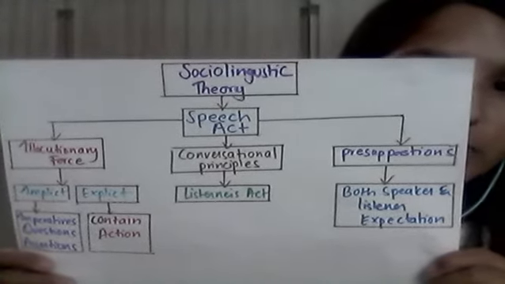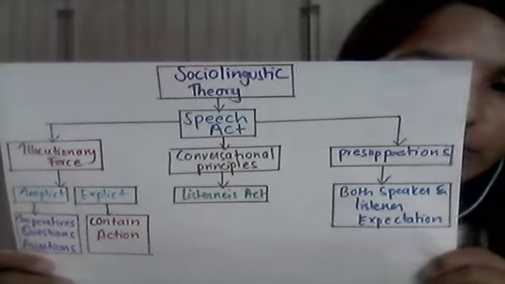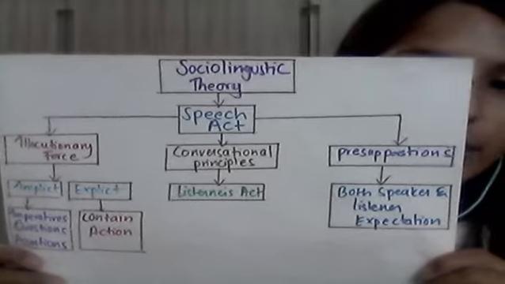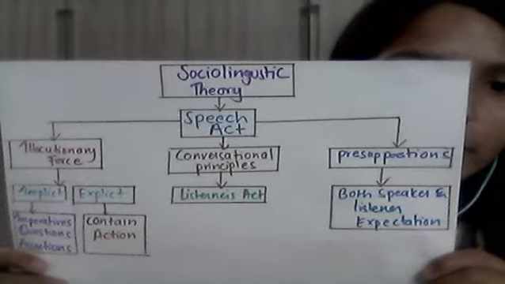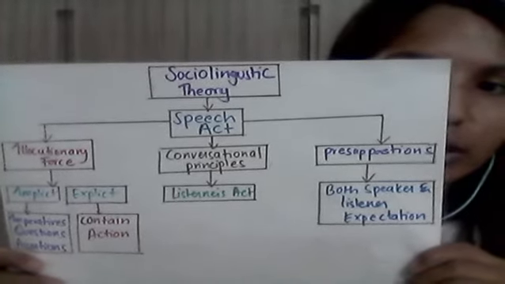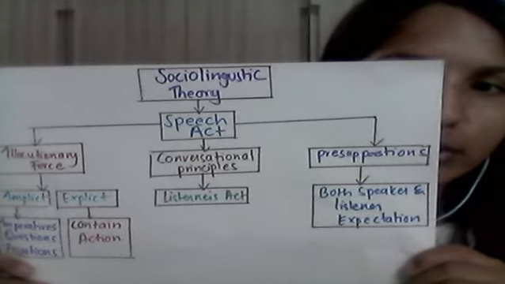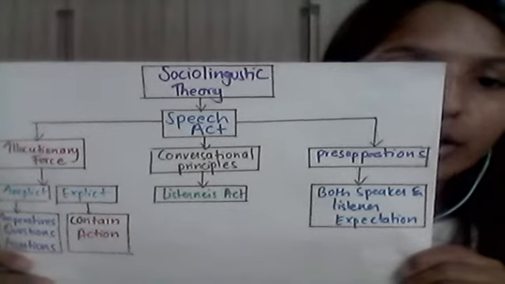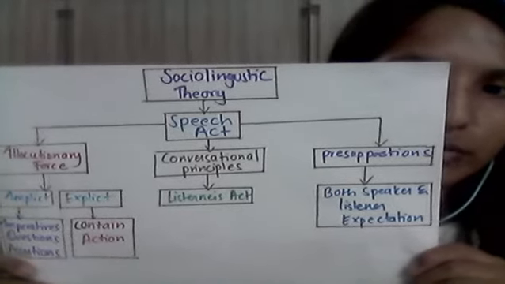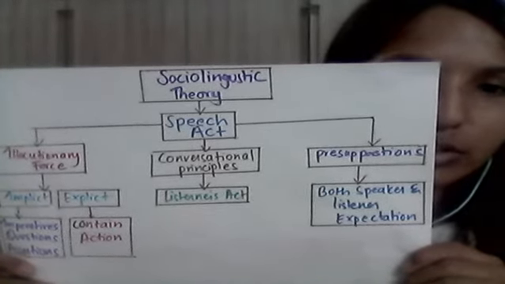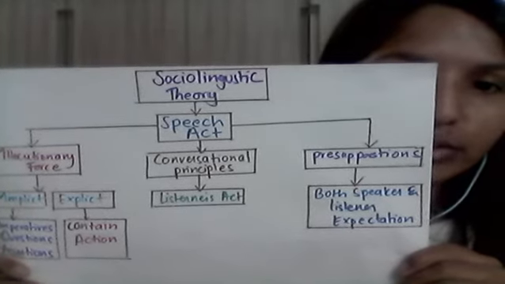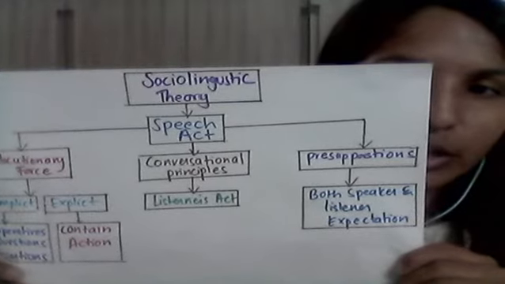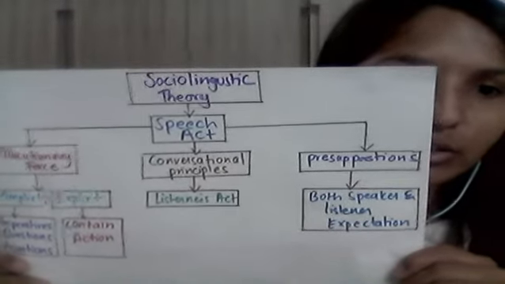The first component is the speech act, which is the central focus of analysis rather than syntactic or semantic elements. The speech act has three types: illocutionary force, which refers to the speaker's intention as interpreted by the listener; conversational principles, which refers to the listener's expectations of the speaker; and presuppositions, which refers to assumptions that both the speaker and listener may have.